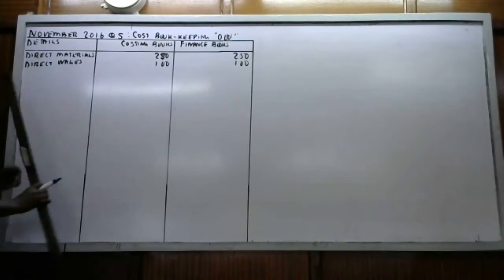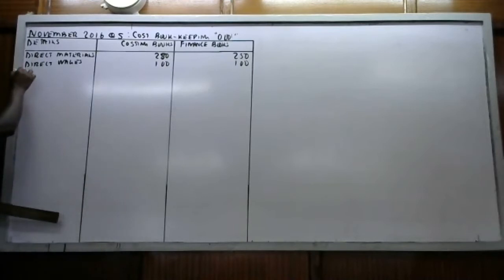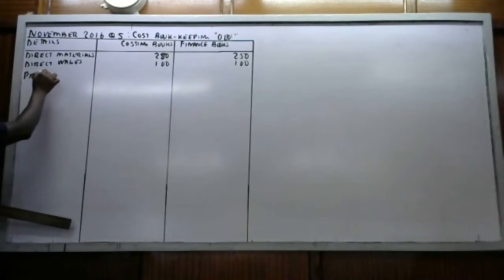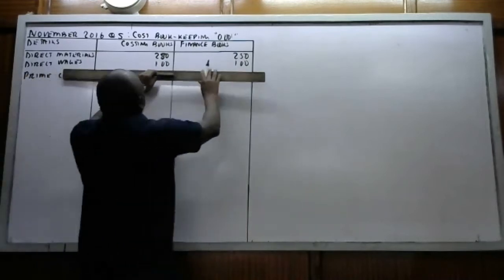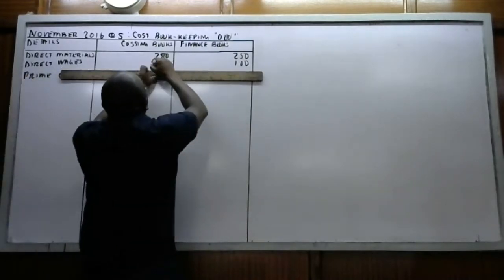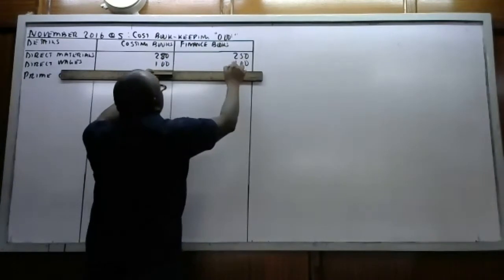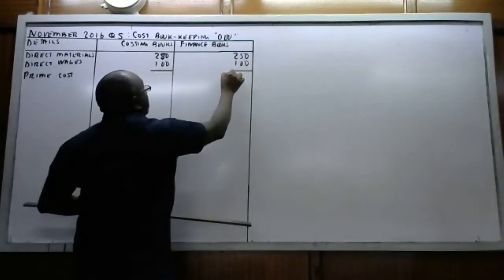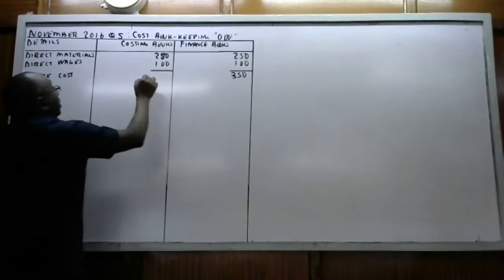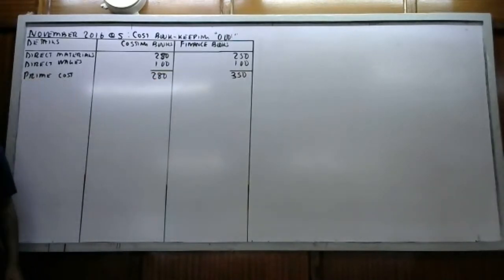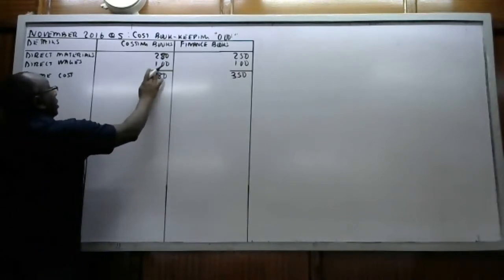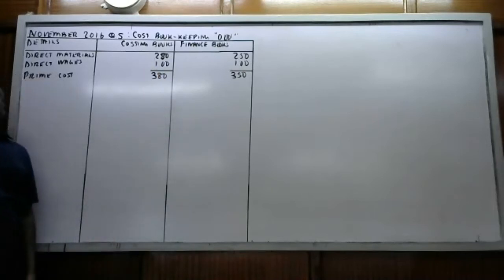When you do that, you get a figure called prime costs. This is 350 and this is 380.